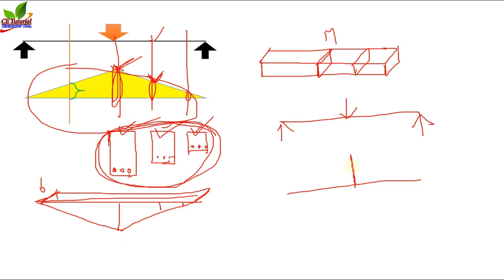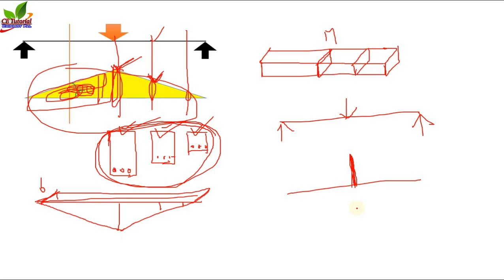The maximum bending moment value is this, and for any other section we just neglect the other bending moment values. You got my point? We are neglecting all those values. We just consider this highest amount of bending moment.